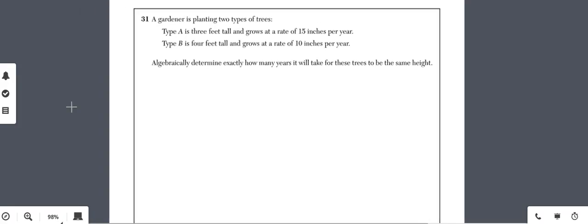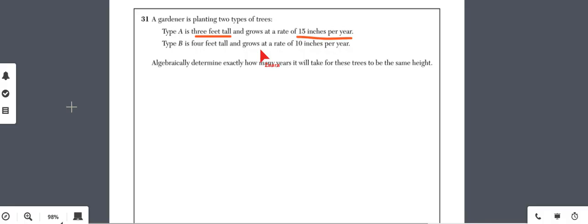Alright, look at the next question. A gardener is planting two types of trees. Type A is 3 feet tall and grows at a rate of 5 inches per year. Keep in mind that when we create the equations, this will help us.